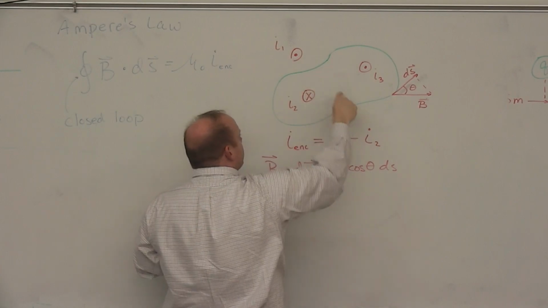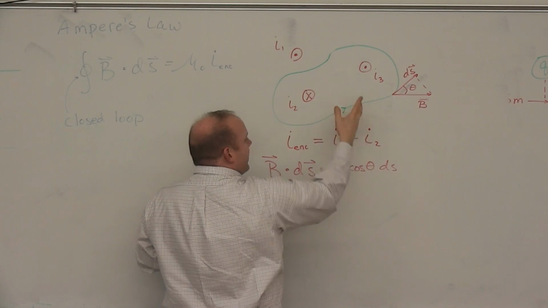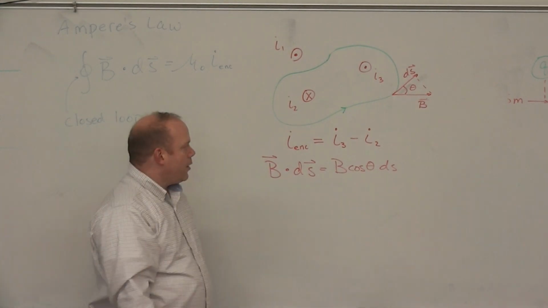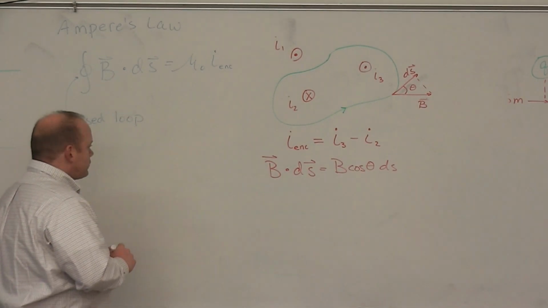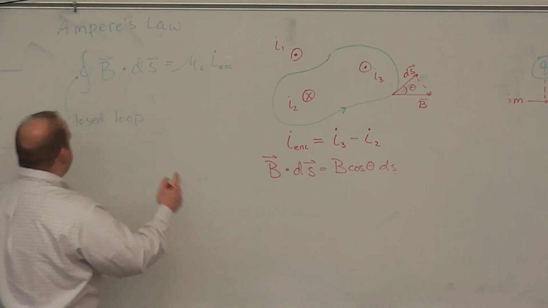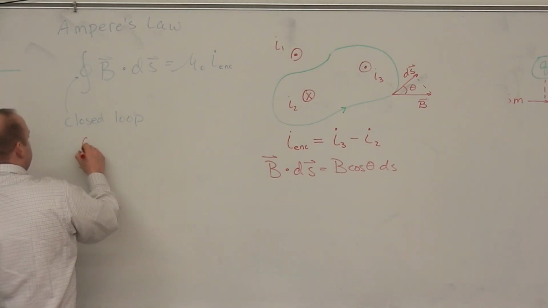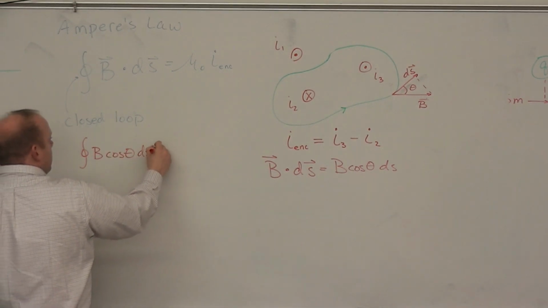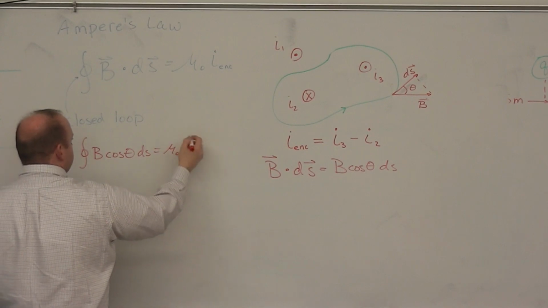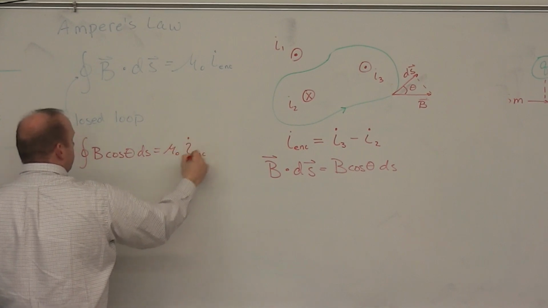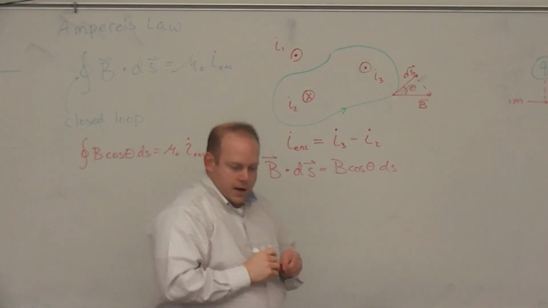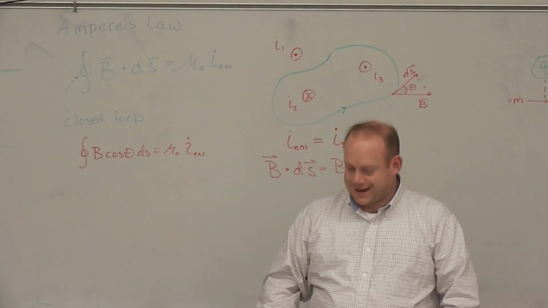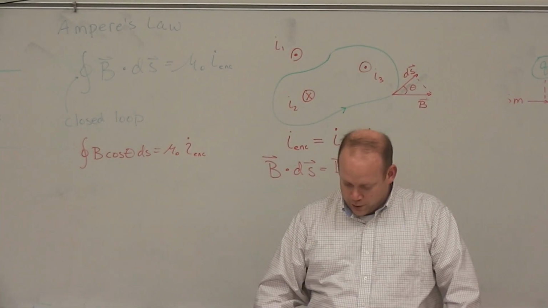Here I get a positive result. So what this does as part of our calculation cancels out. Okay? So now, the way that I'm functionally going to use this typically is that this is going to be the integral of B cosine theta ds, and then mu naught, and still I enclosed. However that works out. So now, I'm typically going to call it just B cosine theta, and most of the time we want that cosine theta to disappear. It's either going to give us 0 or 1.